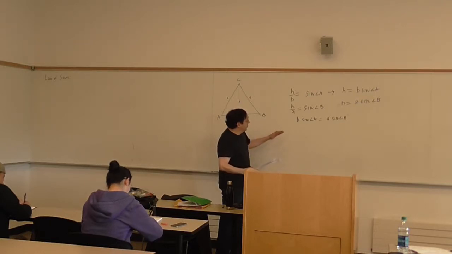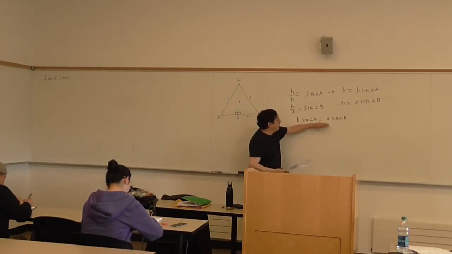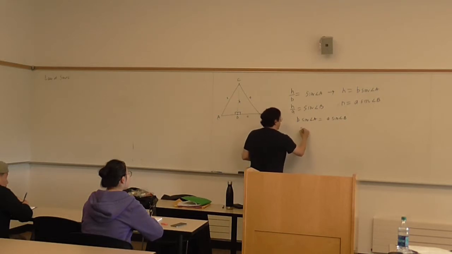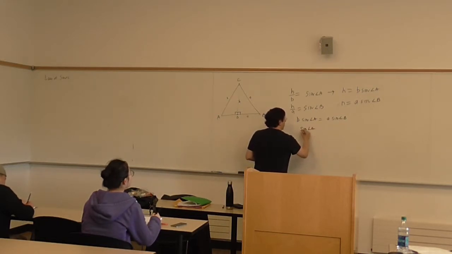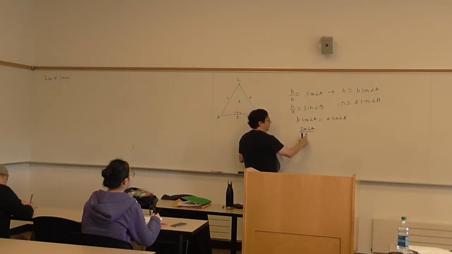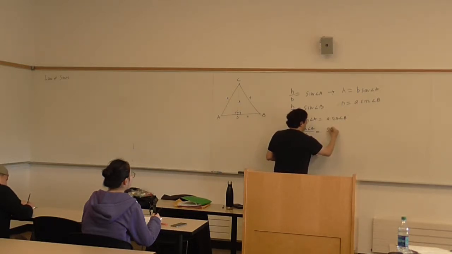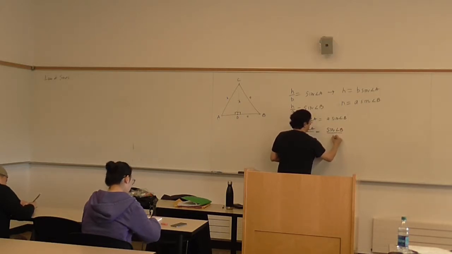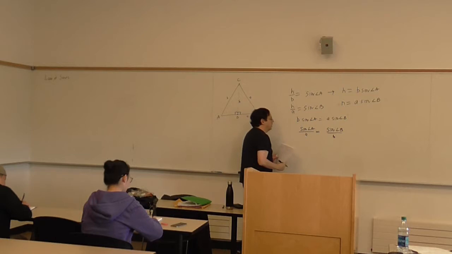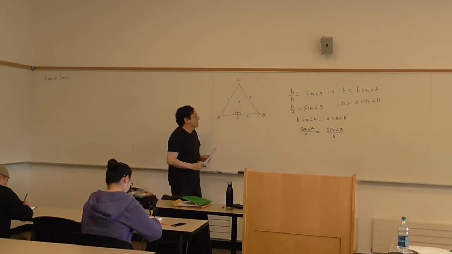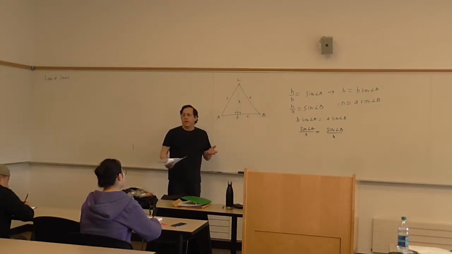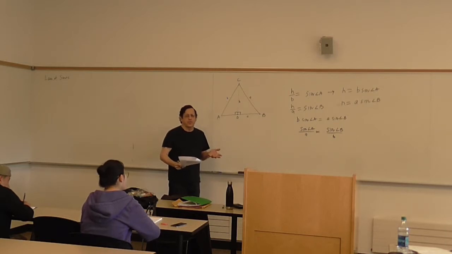And now we want to rearrange this a little. We're going to divide through by AB, and we'll get that the sine of angle A over the length of the opposite side A is equal to the sine of angle B over the length of the opposite side B. And then we're going to do a terrific hand wave.